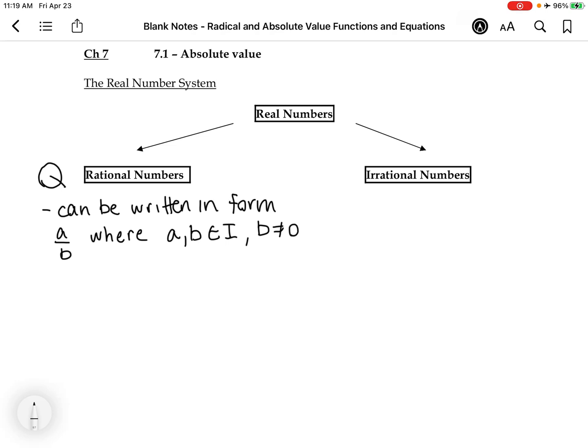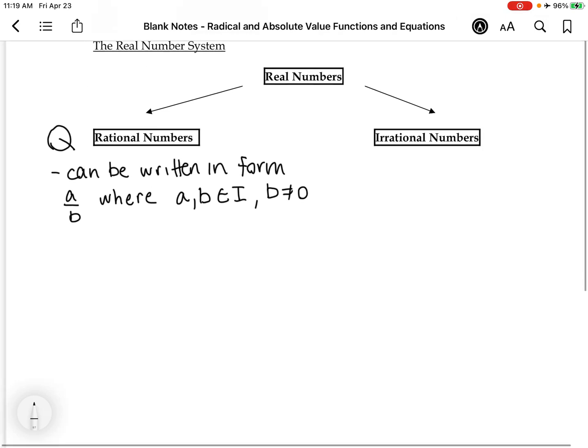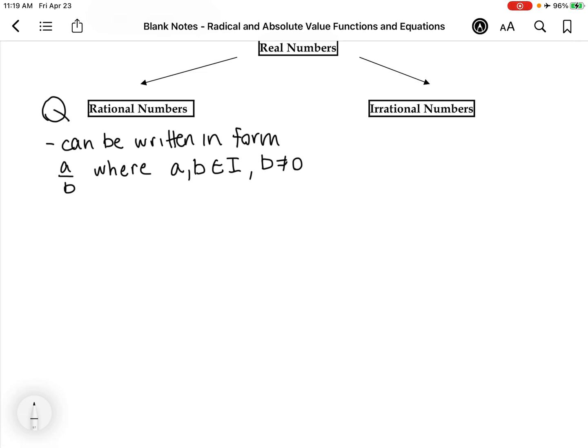Okay, so typically when people think about rational numbers, they think about fractions, which is a good way to think of them, but you have to always also remember that both the numerator and the denominator can't be irrational. Okay, so we'll get more into that in a second.